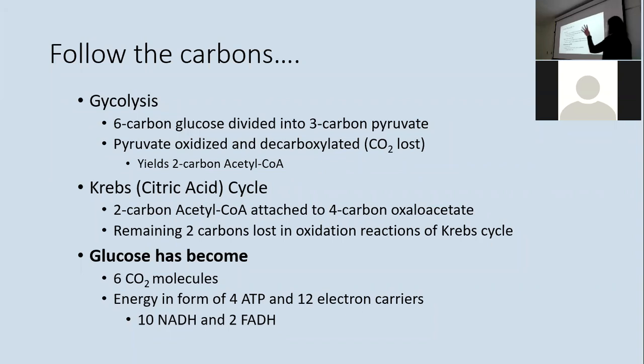So 4 ATP and 12 electron carriers: 10 NADHs and 2 FADHs, each picking up 2 electrons. We send our 4 ATP out to do whatever they need to do, and 24 electrons are going down to the electron transport chain, which is where we're headed next.